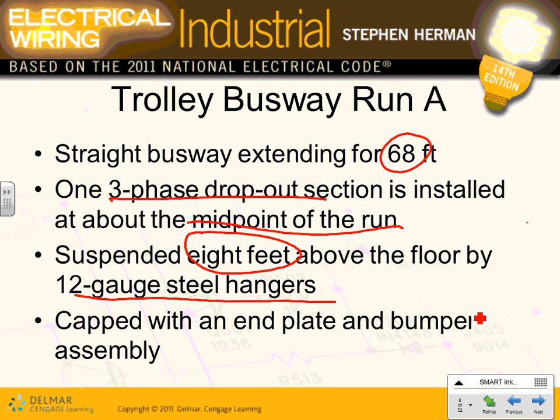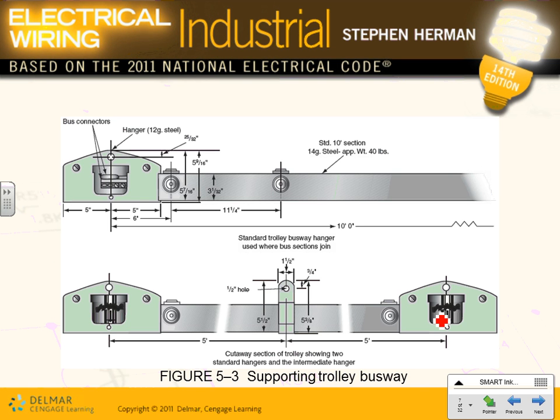Capped with end plate and bumper assembly. So they cap each end plate, obviously, for safety. Here's what you're looking at, guys, the support sections that they use. They recommend support, Jeff, of 5 feet for these systems.